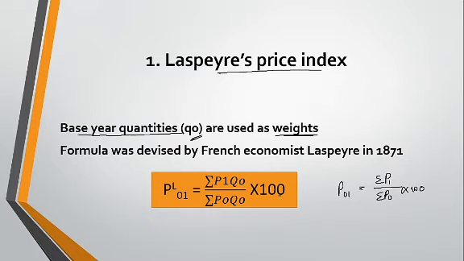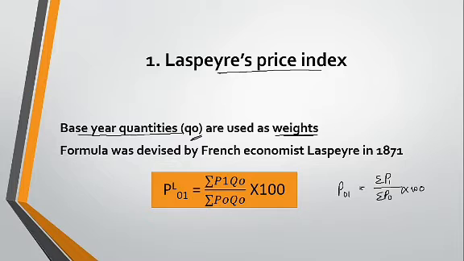So in different methods, we use different quantities. Sometimes we use the current year quantity as weight, and sometimes we use the base year quantity as weight. You should know the Laspeyres method and the second method, that is Paasche's method. If you keep these two formulas in mind, it will be helpful for the coming methods, because the same formula will be useful there.